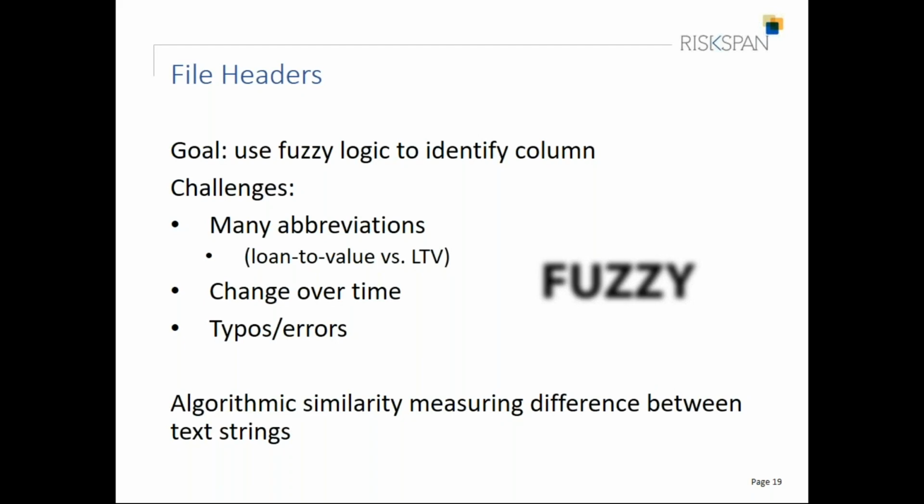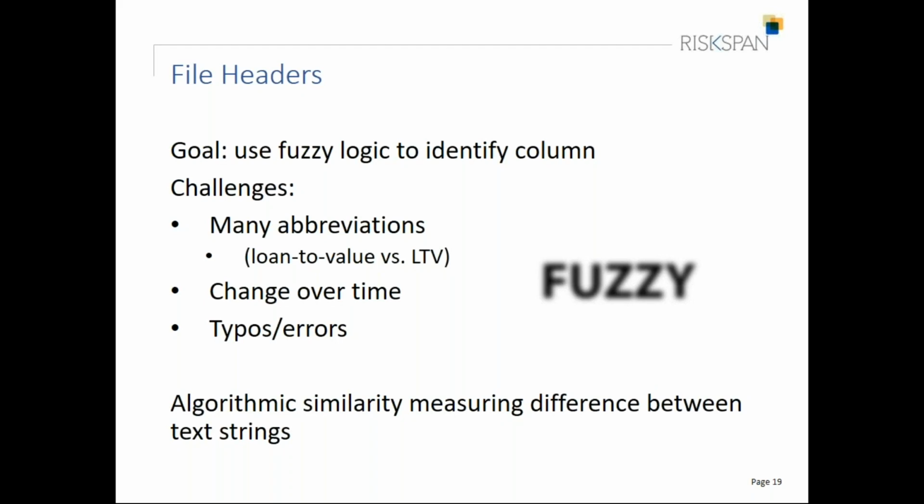There are so many different ways that we've seen loan to value spelled in a file header, yet they all mean the same thing. We also have the problems that Elsie highlighted before, which is that maybe a file changes over time, maybe someone has a typo one month in a header or something like that, and all of those we're hoping to overcome by looking at it with this fuzzy logic.